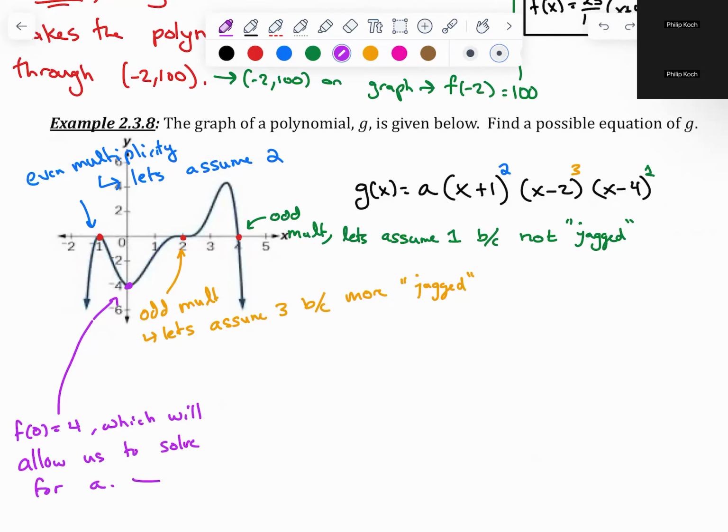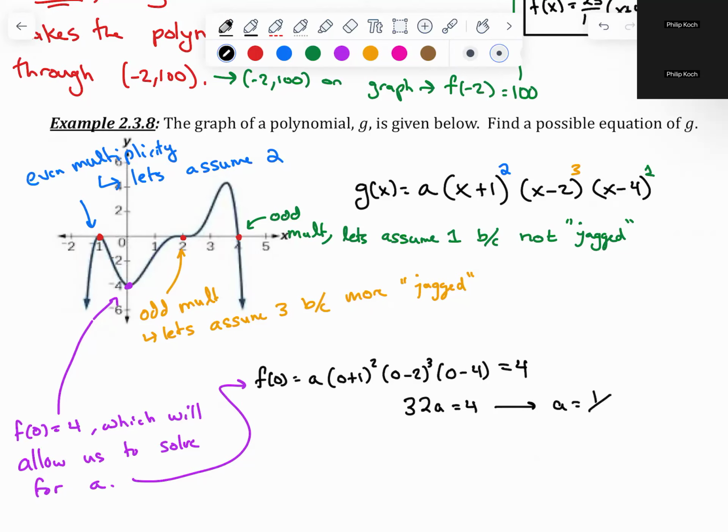So let's do that. f of 0 would be A times 0 plus 1 squared times 0 minus 2 cubed times 0 minus 4 to the first power, and that has to equal 4. 1 squared is 1. -2 cubed is -8. Times -4 is 32. So you get 32A equals 4, which gives us that A is equal to 1.